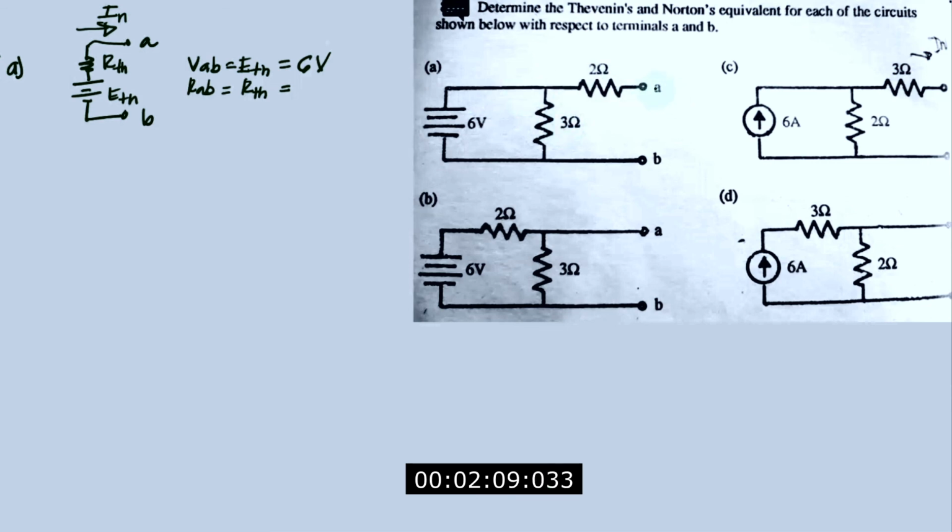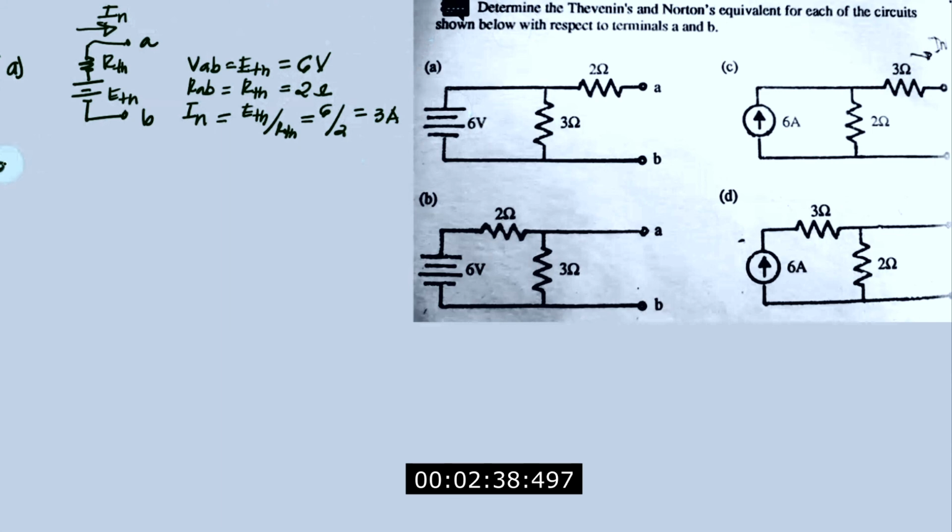So therefore your RAB or the R Thevenin's is only 2 ohms. To solve for IN, we just apply Ohm's law. So that will be E Thevenin's divided by R Thevenin's. That is 6 over 2, which is equivalent to 3 amperes. So that is the Thevenin's and Norton's equivalent of circuit A.